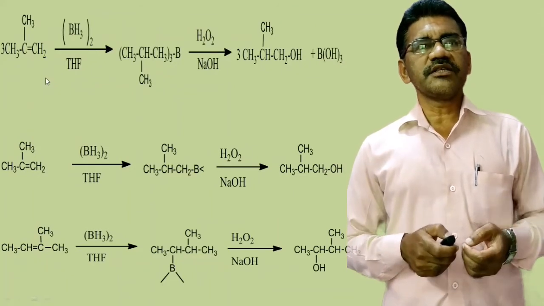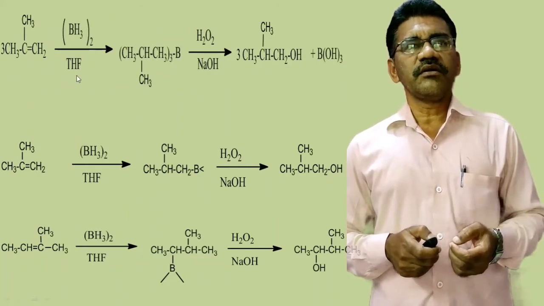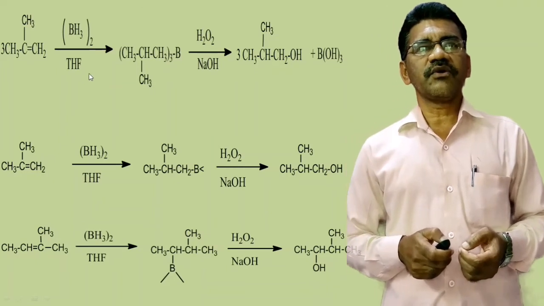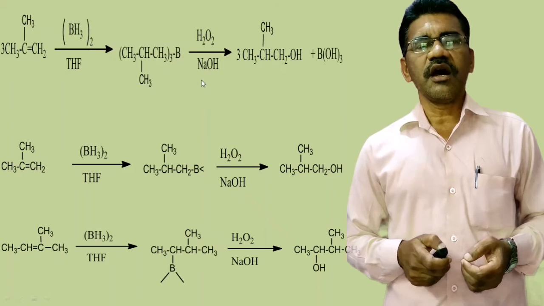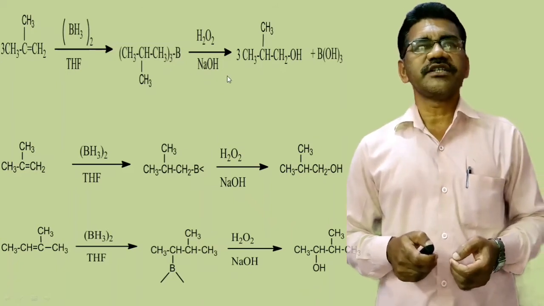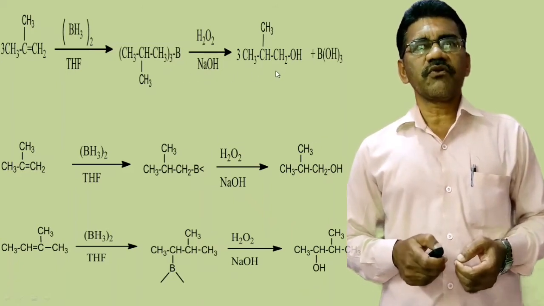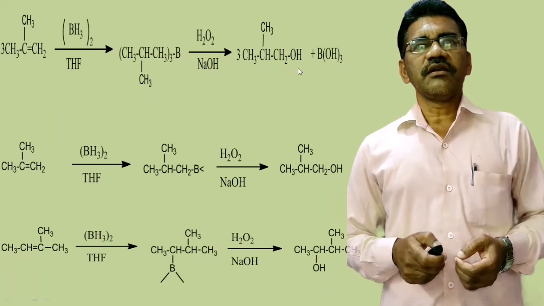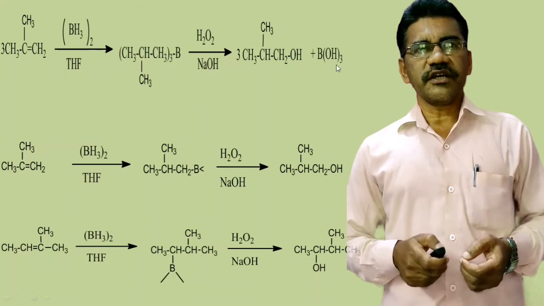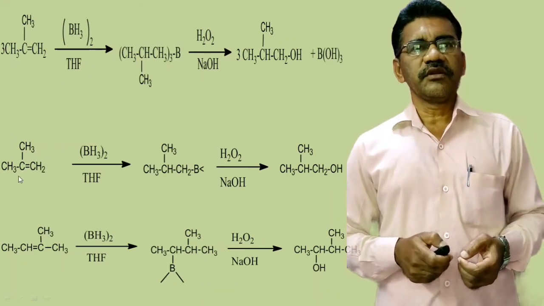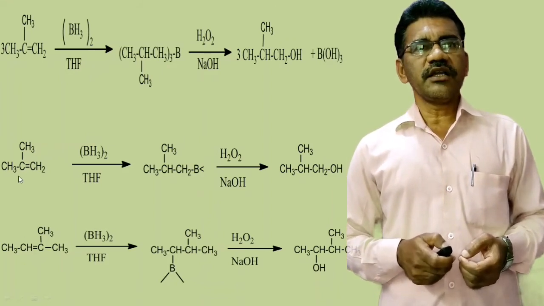Next, 2-methyl-1-propene reacts with diborane in presence of THF to produce the boron complex, and the boron complex is then oxidized in presence of NaOH to produce 2-methyl-1-propanol plus boron hydroxide. Then the next example is 2-methyl-1-propene.